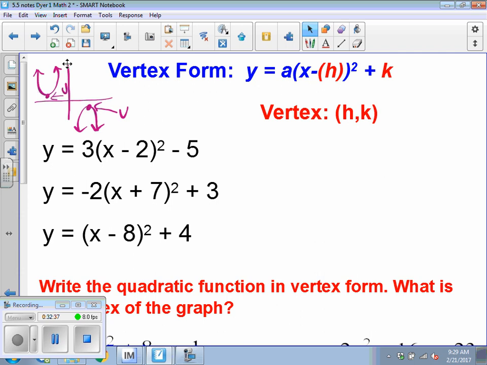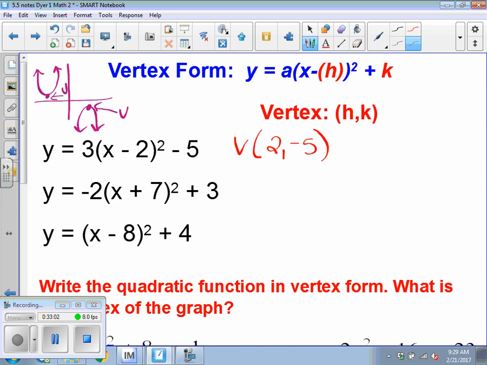Okay? So, the vertex is h and k. What is my vertex here? It's always the opposite sign that's in here is the x-coordinate. So it's what? +2, and your y-coordinate is -5. So my vertex is 2, -5.